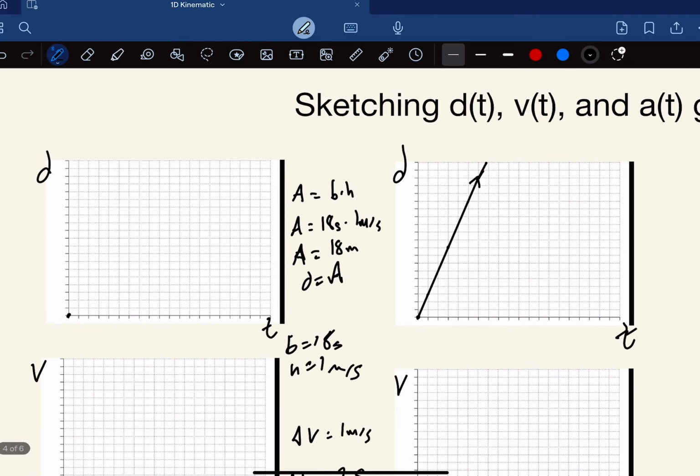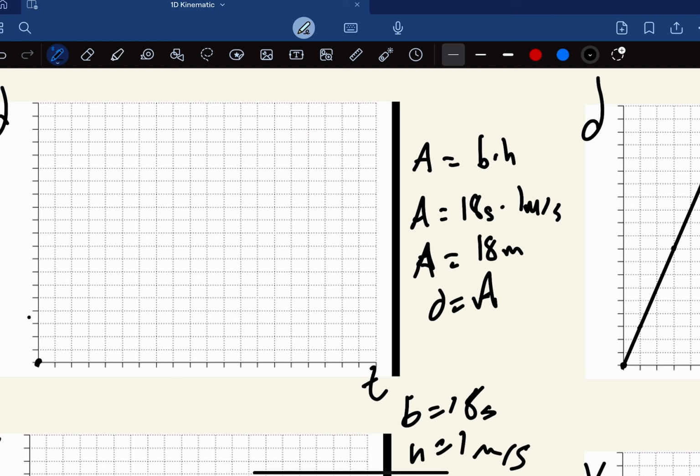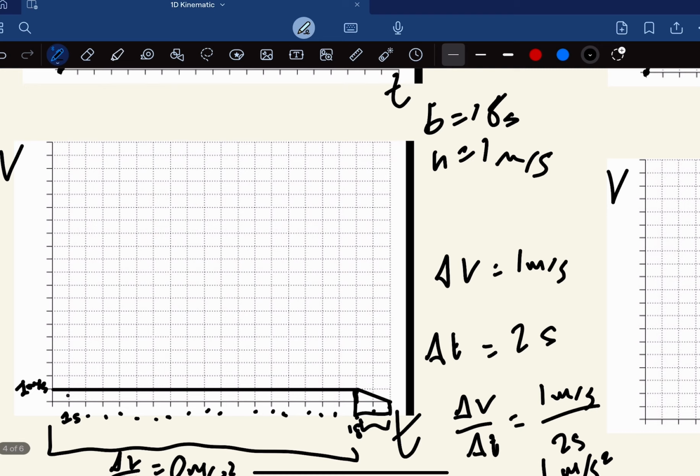So we start at 0 meters and we go up to 18 meters at the 18-second mark. And this will be a straight line since every square is equal in distance.